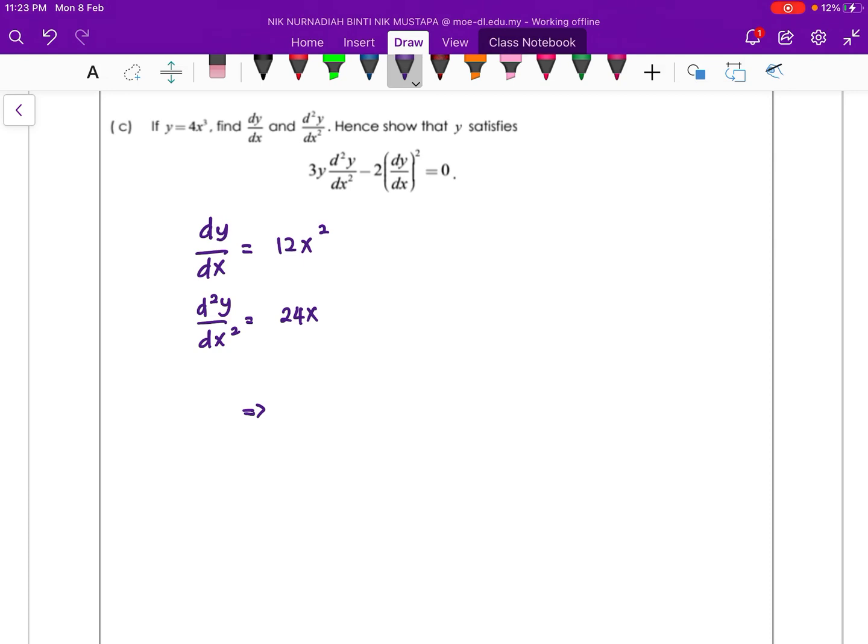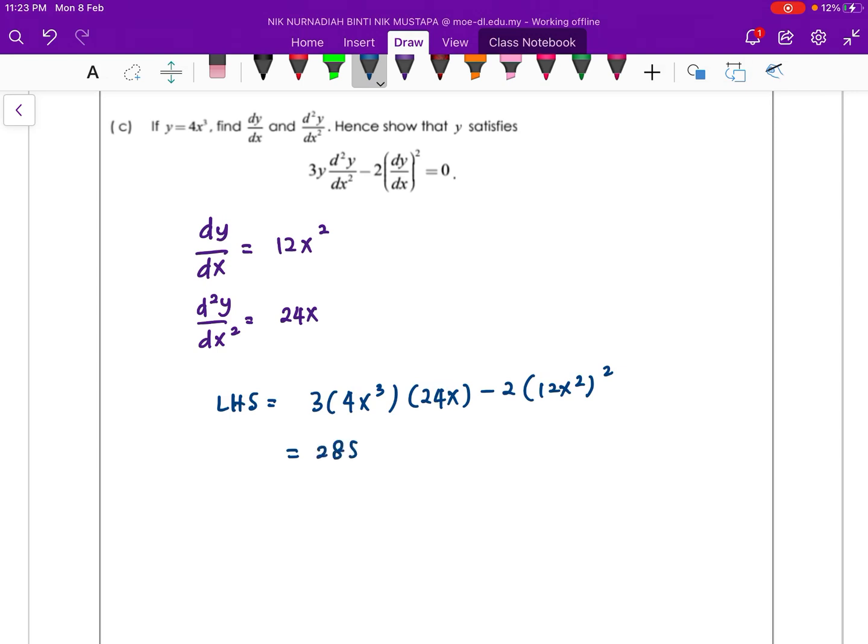And then sub everything into, hence show that kan, hence show that. Left hand side is equal to 3, 4x cubed multiplied by 24x minus 2 and then 12x square. Okay, so we multiply everything. 24 multiplied by 4 multiplied by 3, we get 288.